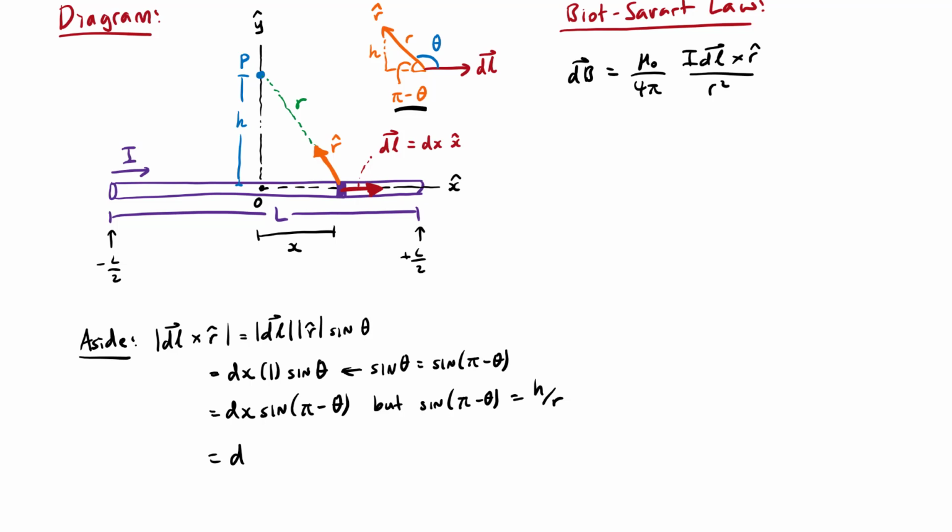So I can say this is dx times h over r. So I've simplified it quite a bit according to just trigonometric identities. And I know that the direction is definitely going to be in the z direction because we're going from x to y, and that means our cross product is going to be positive z by inspection.